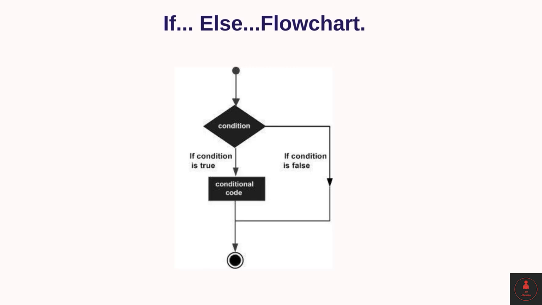You can also check multiple conditions using the else if, meaning if the first condition is false, you can proceed with the second condition, and the else if condition will only be compared when the first condition is false. So let's see practically how we can implement the else if and if statements all together.